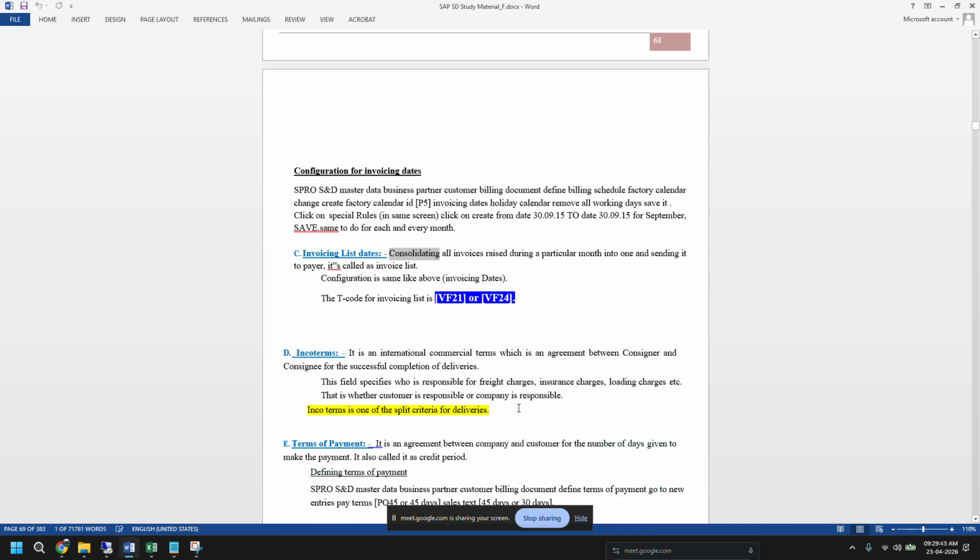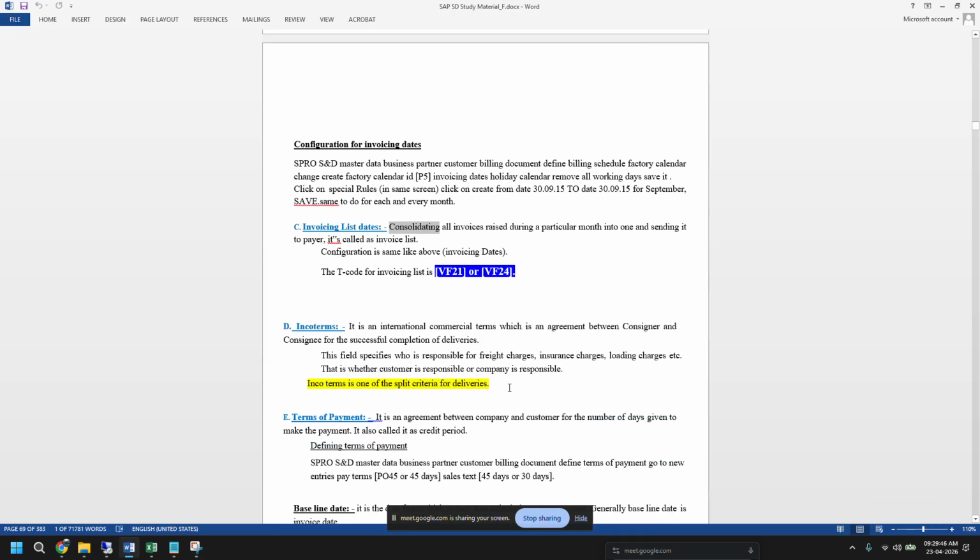Now we have inco term. There are two similar terms actually, inco terms and terms of payment. First you understand terms of payment. As the name suggests, it's the agreement, the terms and conditions between the customer and the company on how that customer is going to pay. Let's say today the customer has placed an order for 1 lakh. In the real world, these transactions happen in lakhs and crores, right?